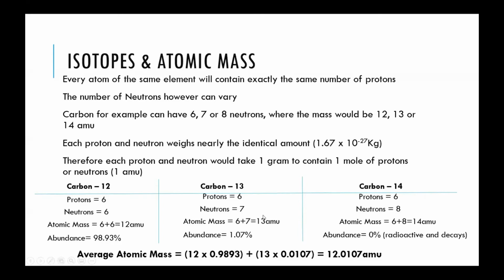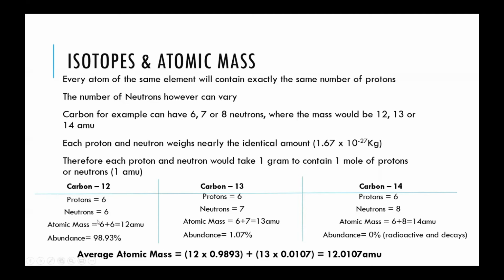Carbon 13 has an abundance of 1.07%. So you multiply those together as well. And then you add them up. And this will give you 12.0107 AMU. This is the average atomic weight of carbon.